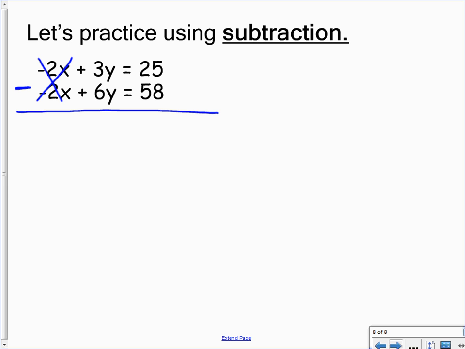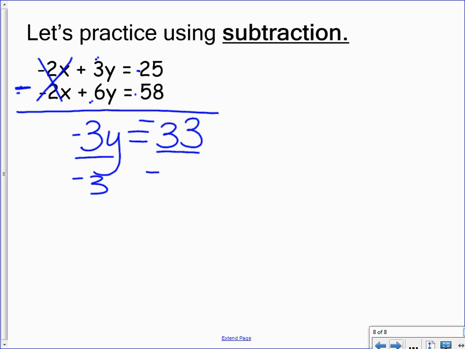But I have 3 minus 6. 3 minus 6, negative 3y equals 25 minus 58. 25 minus 58 is negative 33. Divide by negative 3. y equals 11. So y is 11.